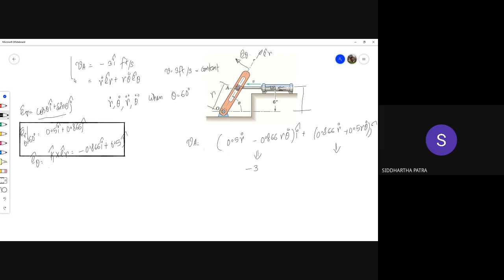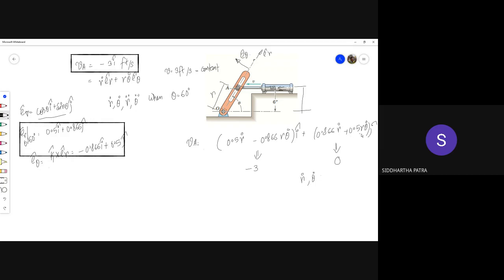If I compare with this expression right here, sir, it should be 0. It should be 0, right? So from these two equations, you can solve for r dot and theta dot.